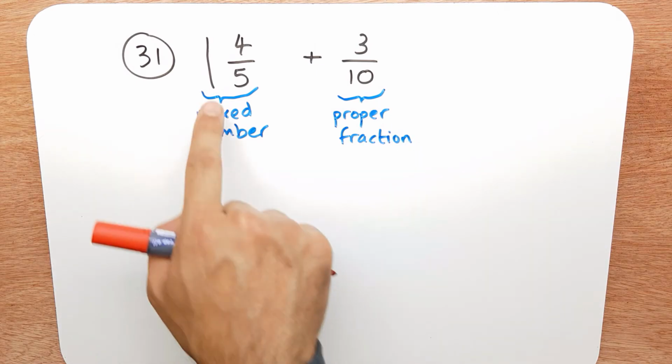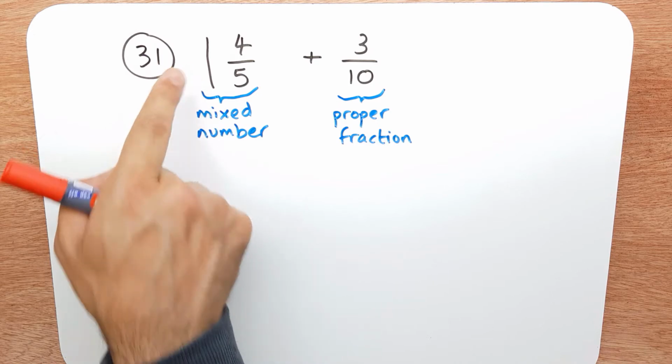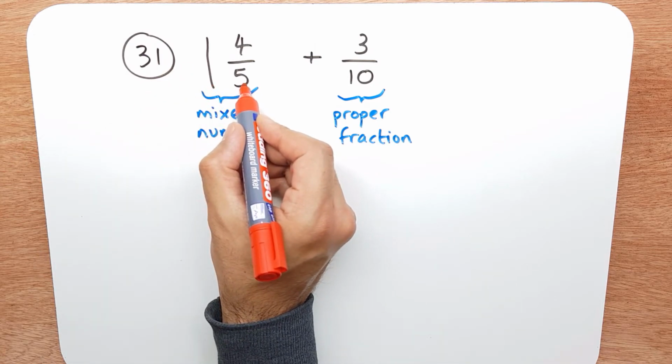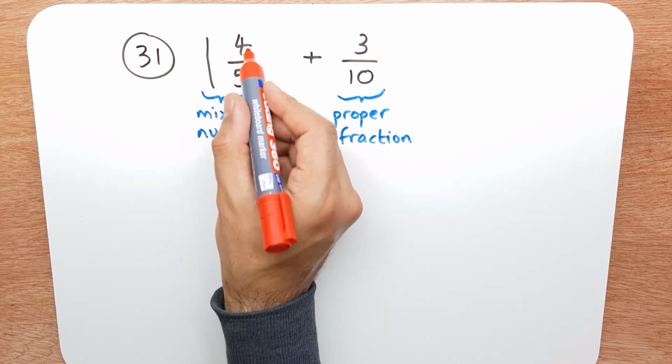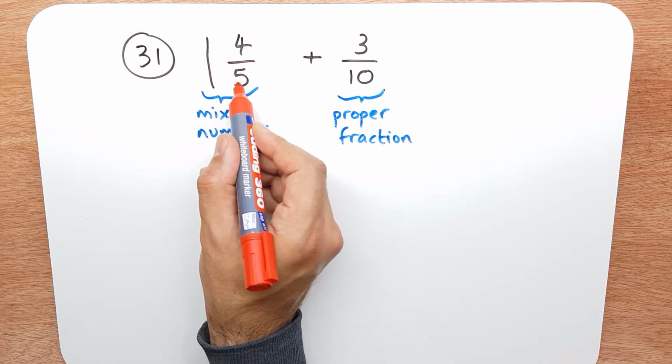So our first step is to turn this into an improper fraction. And what you do is you multiply the big number by the bottom number, the denominator, and then add the top.